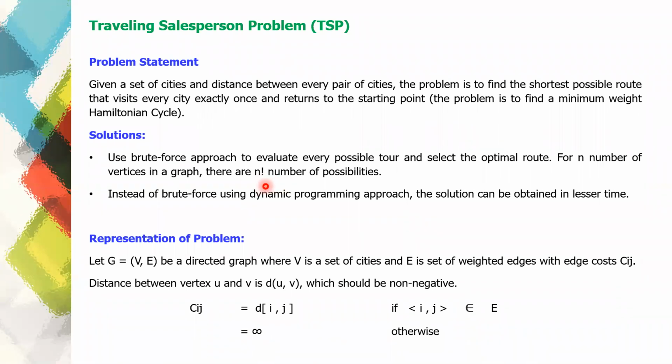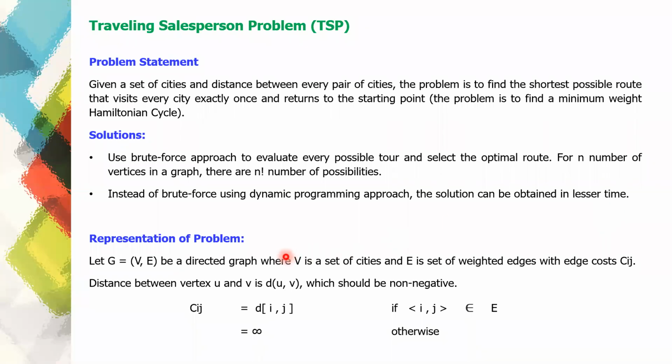And for that, we are talking about dynamic programming, using which we are going to solve the traveling salesperson problem. Dynamic programming means you are solving the problem by using some logic, some technique, so the solution can be obtained in less time than n factorial.